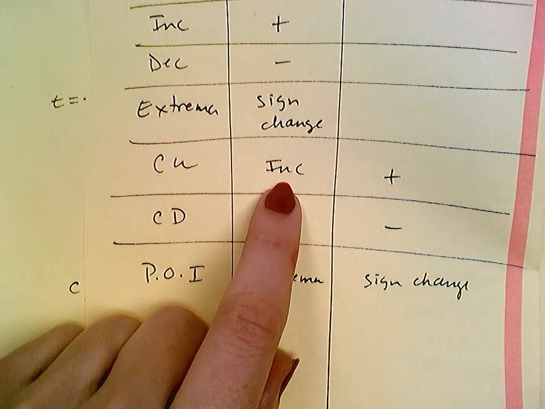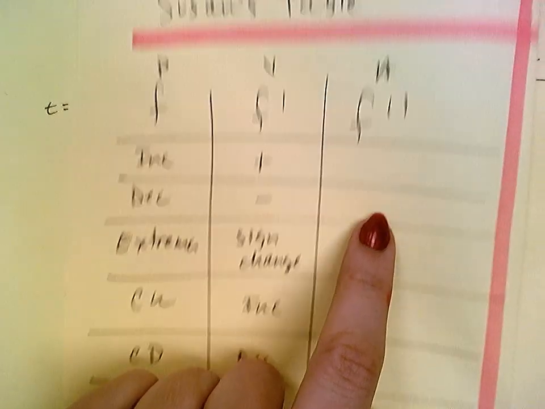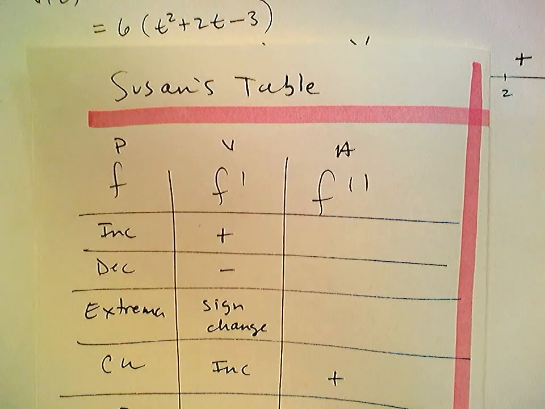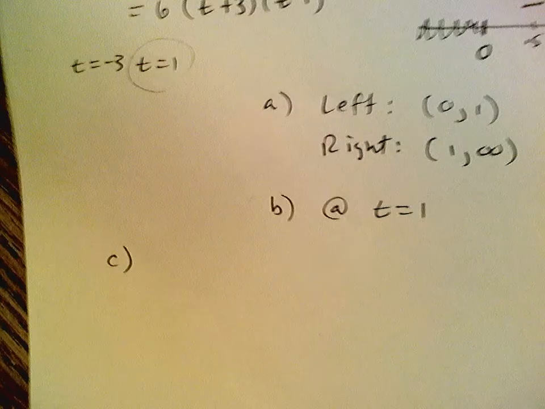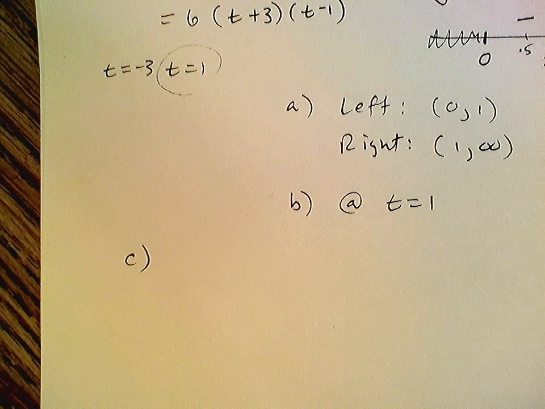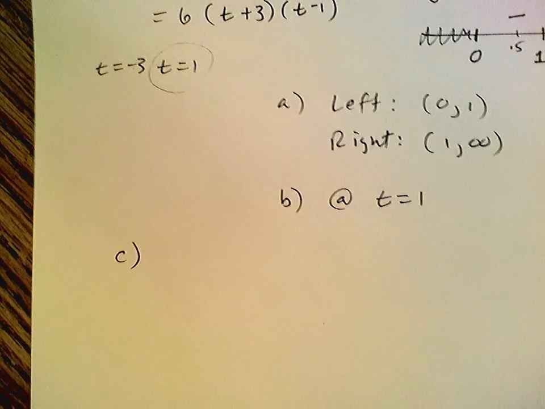Okay, so the first derivative is increasing when the second derivative is positive. So I could find the acceleration, which is the second derivative. That would be the derivative of velocity. And then wherever that's positive or negative is going to be where velocity is increasing or decreasing.